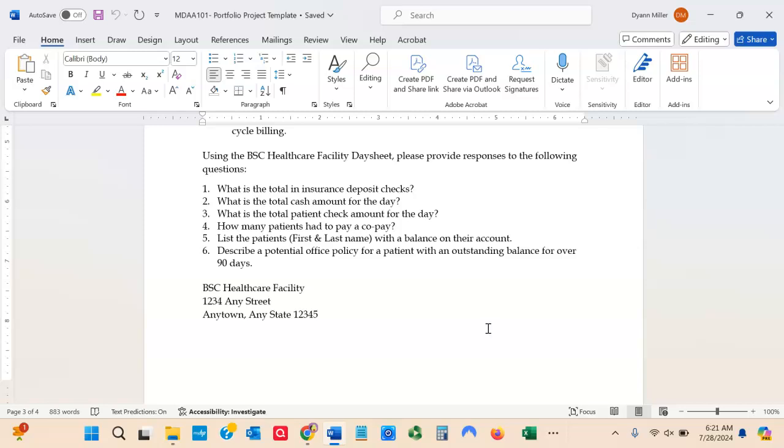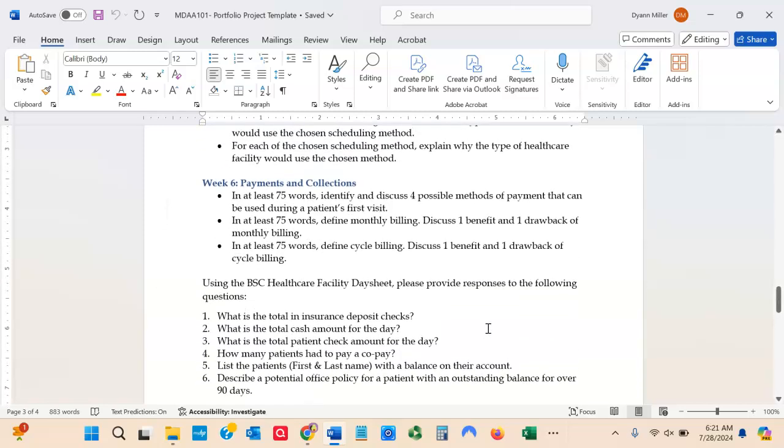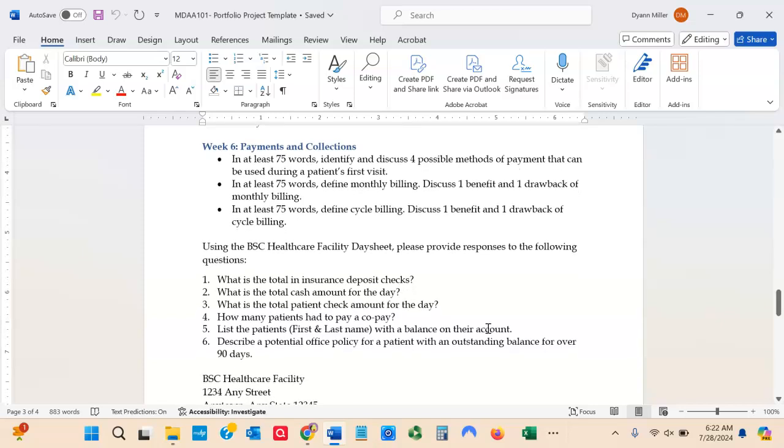How many of the patients had a copayment? List the patient's first and last name with a balance still on their account, and then describe a potential office policy for a patient with an outstanding balance for over 90 days. Okay, so there's a lot of work in this section for week 6.